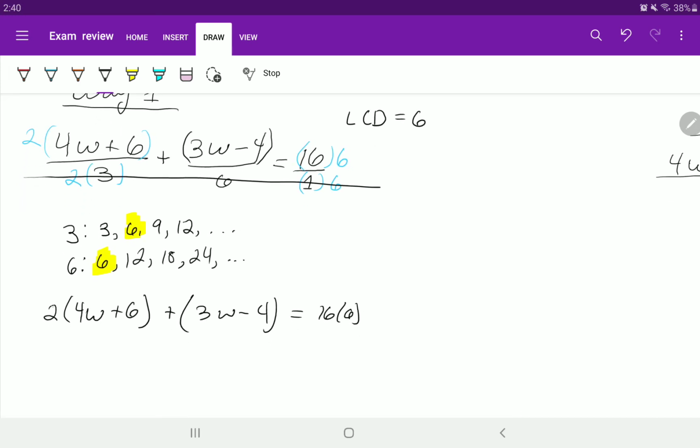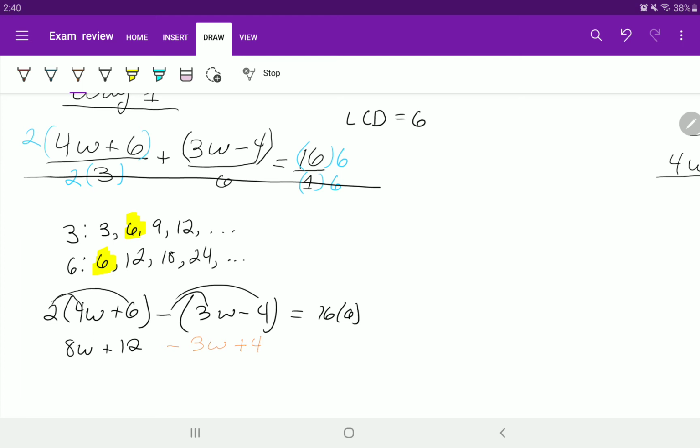Let's distribute the 2 inside the parentheses. 2 times 4w is 8w. 2 times 6 is 12. Here we can drop the parentheses. Remember, if this was a negative sign, you would have to distribute the negative inside the parentheses, which would have given us negative 3w plus 4.